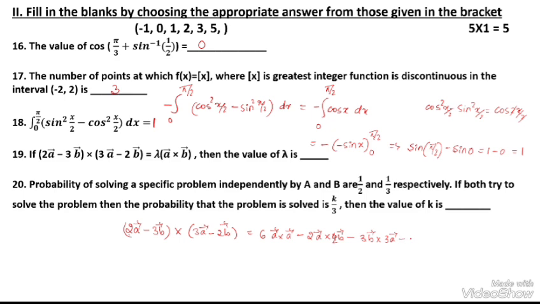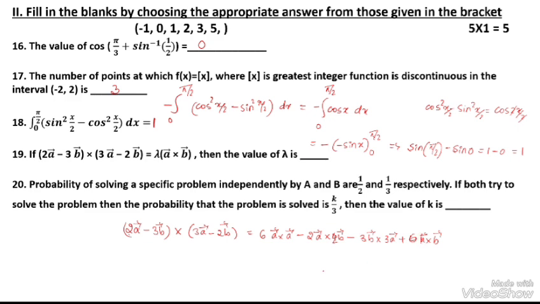Then minus into minus is plus, 3 twos are 6 vector b cross b.